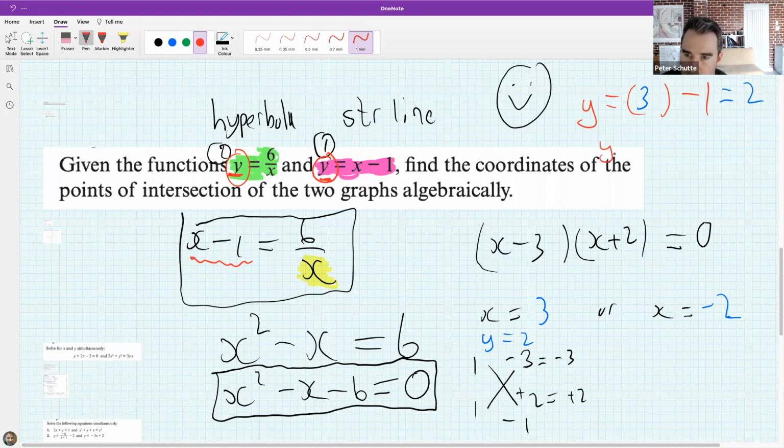And if y equals something minus 1 again, but that something is different this time, it's minus 2, then this should be minus 3. So y is minus 3. And so up here, I'm doing my subbing in, and I'm using equation 1.